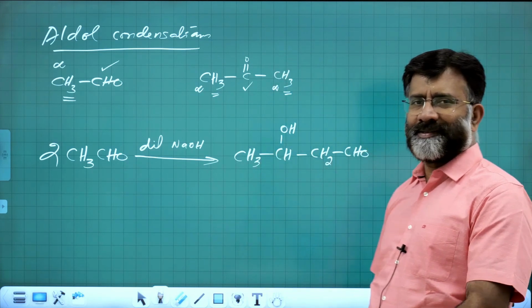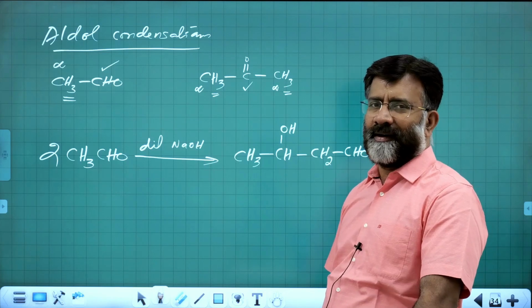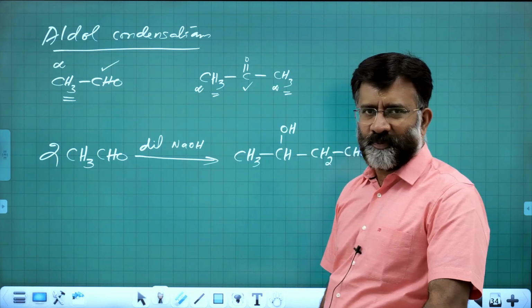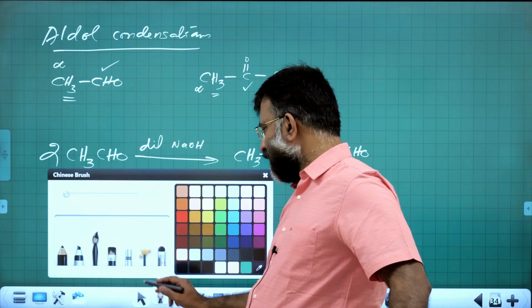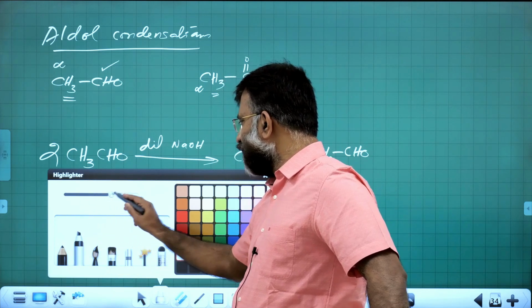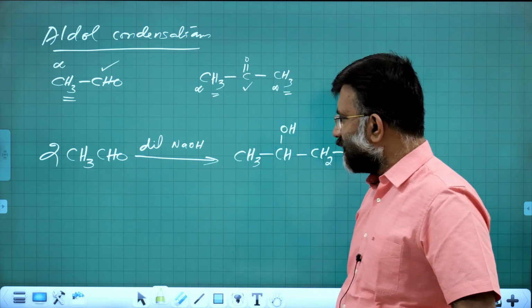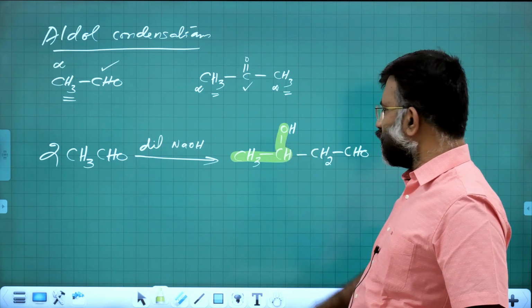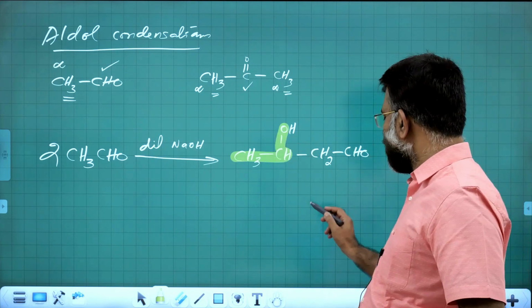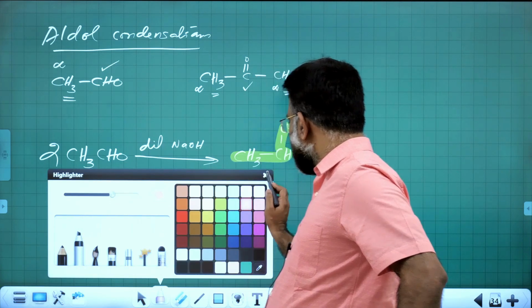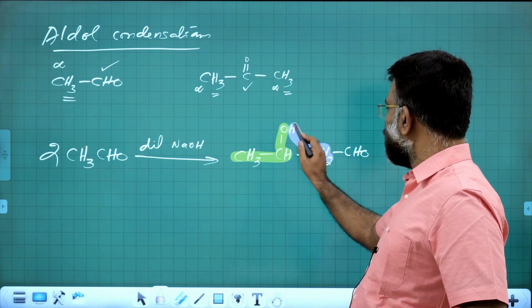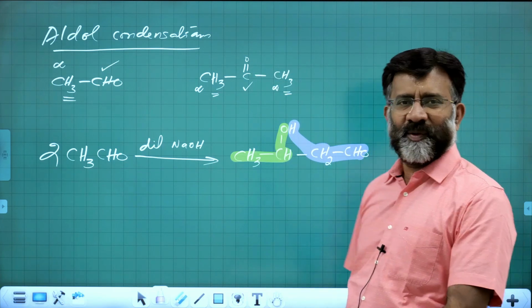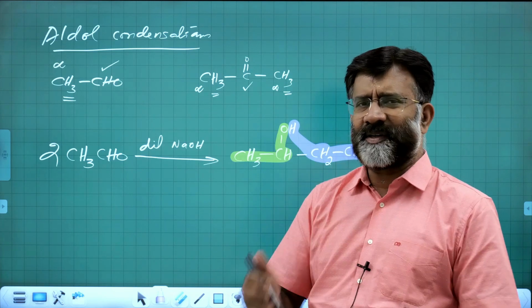In fact, you can see the two ethanal molecules condensed, giving this product. You can easily figure out how the two ethanal molecules condense: CH3CHO, molecule number 1, and CH3CHO, molecule number 2.